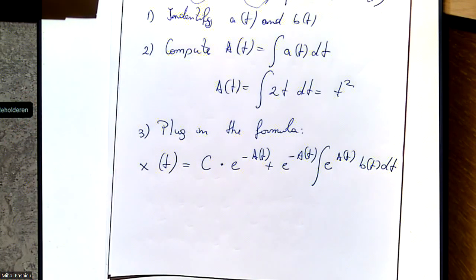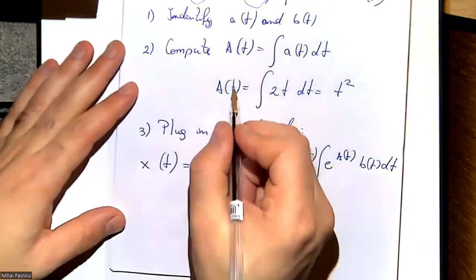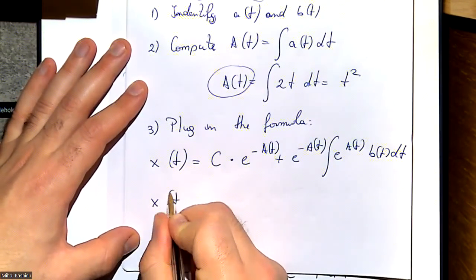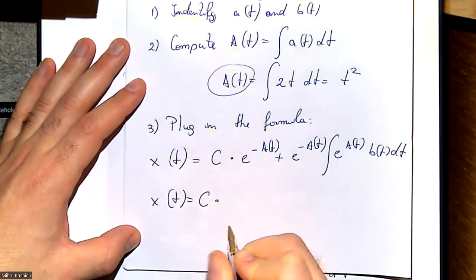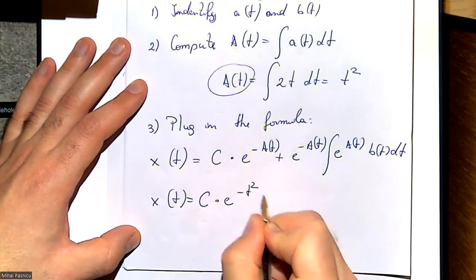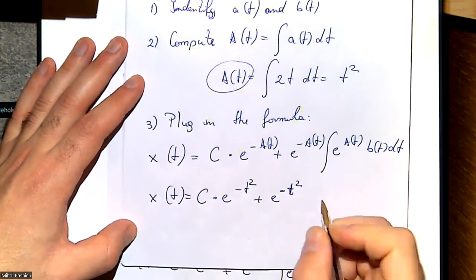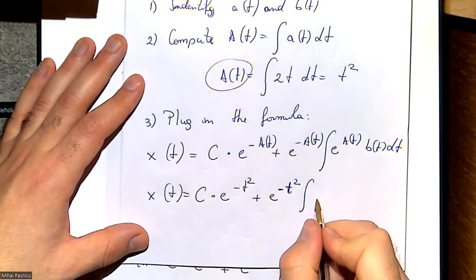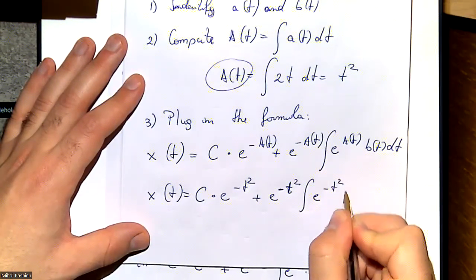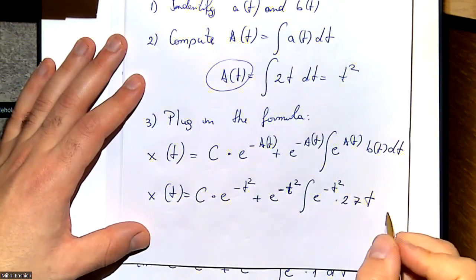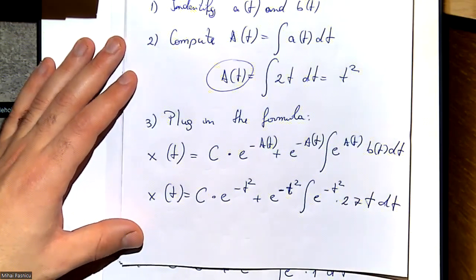Okay, this is the formula. I'm just gonna plug my A of t and my B of t inside. So I get x of t is equal to c times e to the minus t squared plus e to the minus t squared times the integral of e to the t squared times 27t dt.